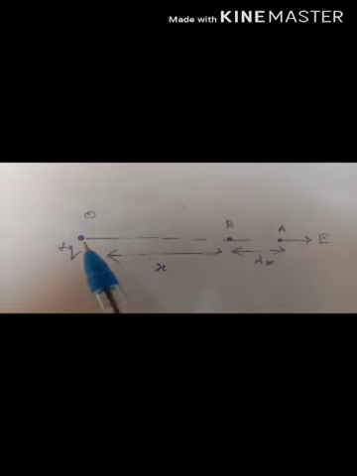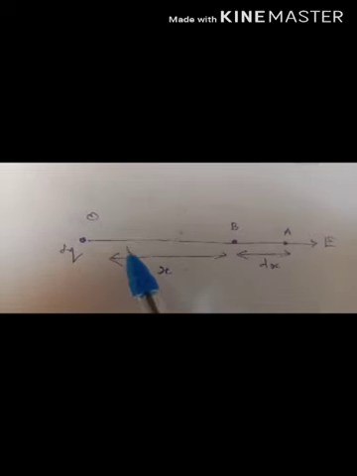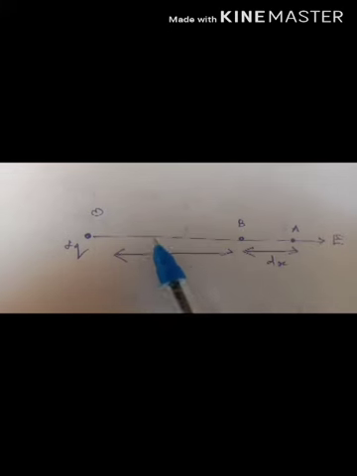Good morning students. Next we move to the topic electrostatic potential. Let plus Q be the charge placed at a point O. There are two points, A and B, in the electric field.